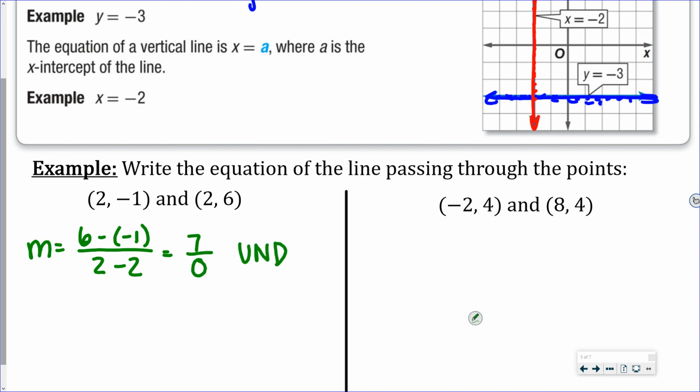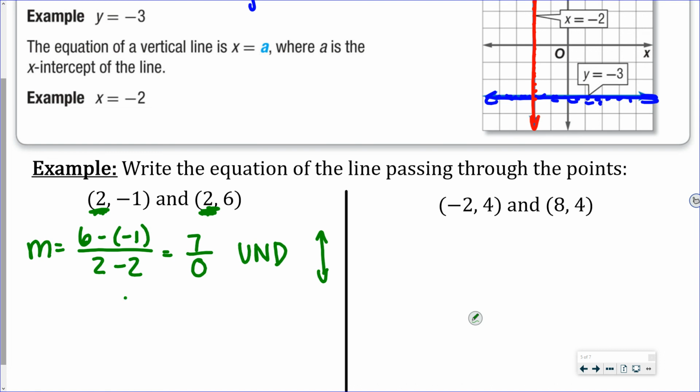Which means it's what type of line? Vertical. Yep. When people test your vertical, how high you can jump, right? Vertical. So vertical lines are always x equals some constant number. And look at your ordered pairs. What are both the x coordinates a constant number of? 2.